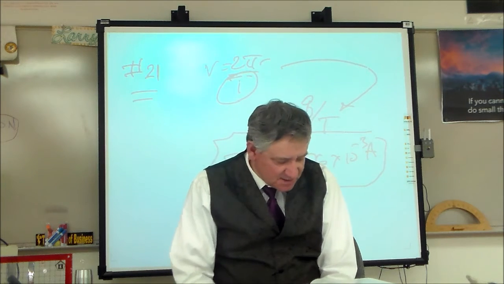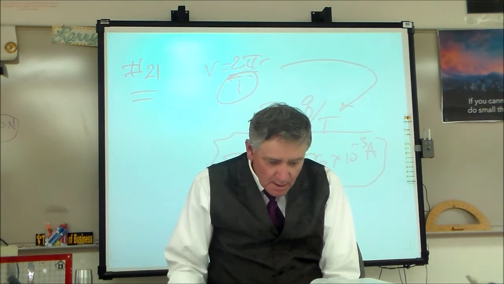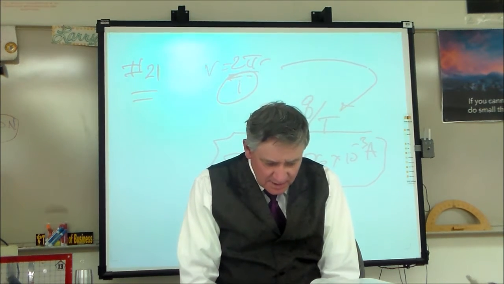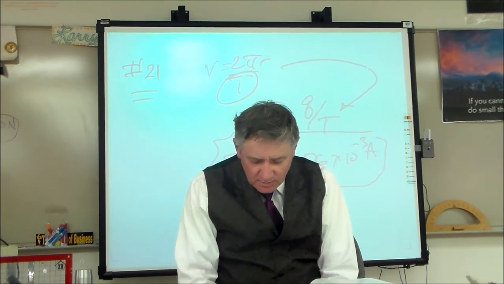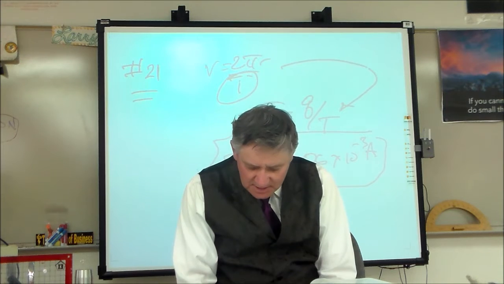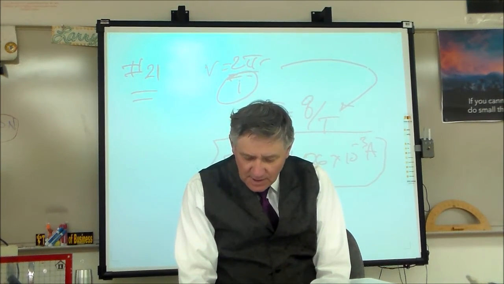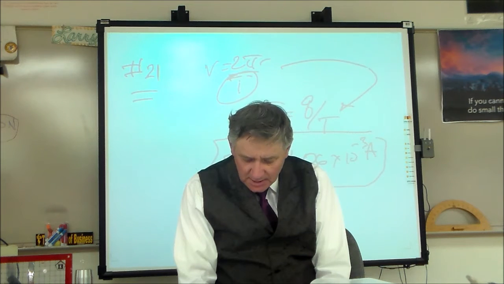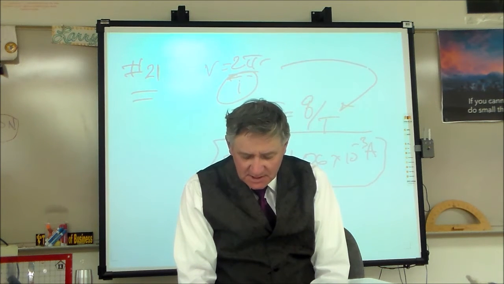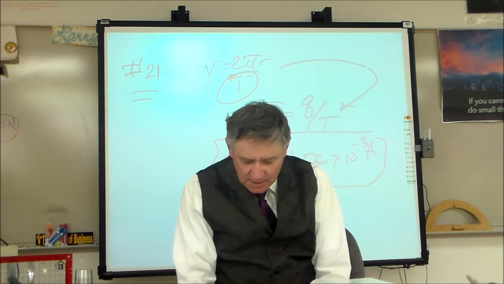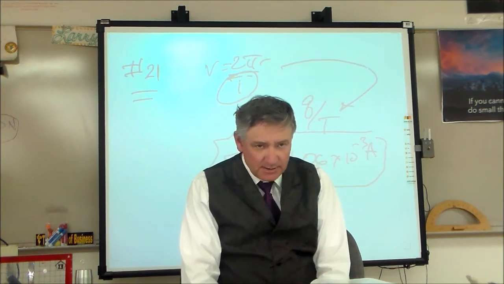Anyway, on 26, what's the frequency of circular orbit, electron or proton? What you should see on 26 is that the electron is something times 10 to the 6th hertz, and then the proton is around 800 hertz.